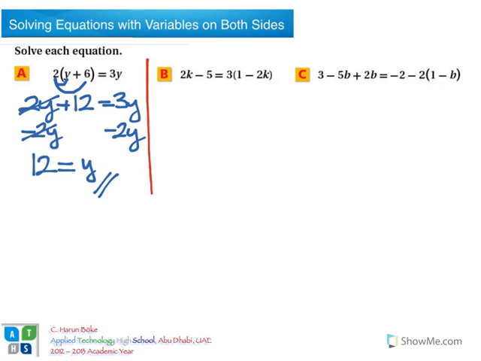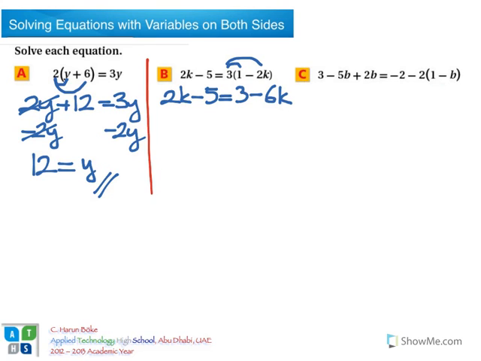Now in the second one, again there is expansion here. I will multiply 3 by 1 and I will multiply 3 by minus 2k. So on the left hand side there is nothing, just 2k minus 5. In the right hand side is 3 times 1, 3, 3 times minus 2, minus 6k.